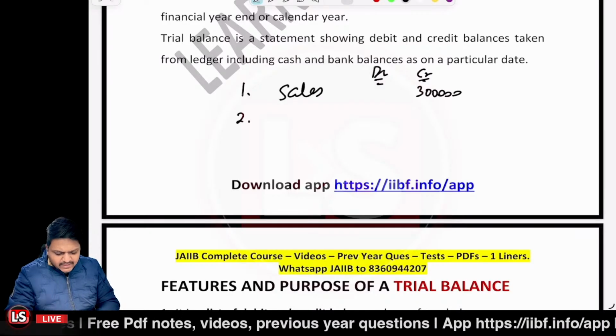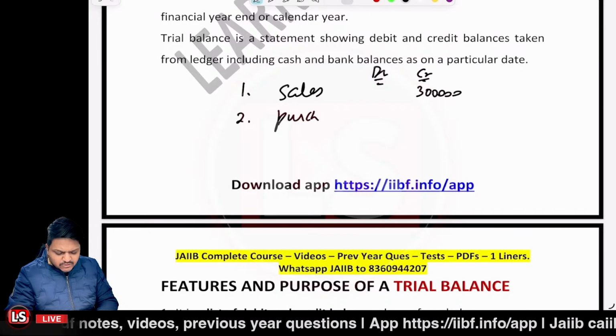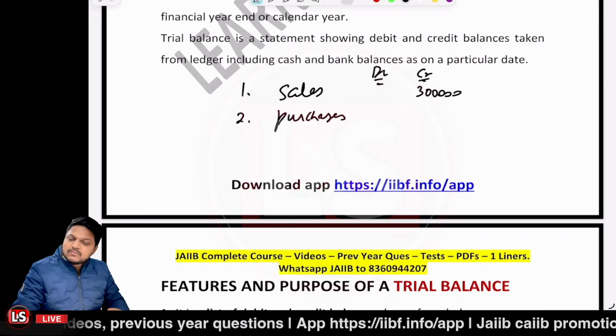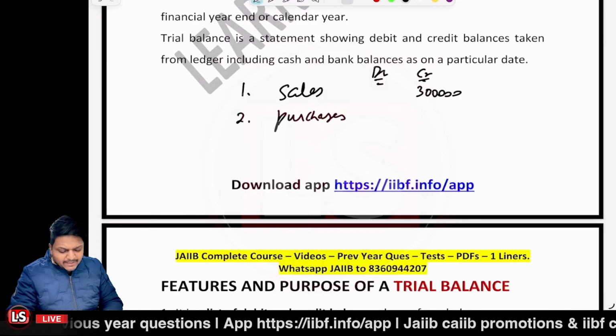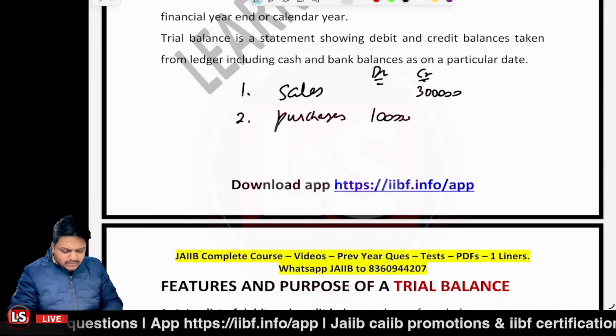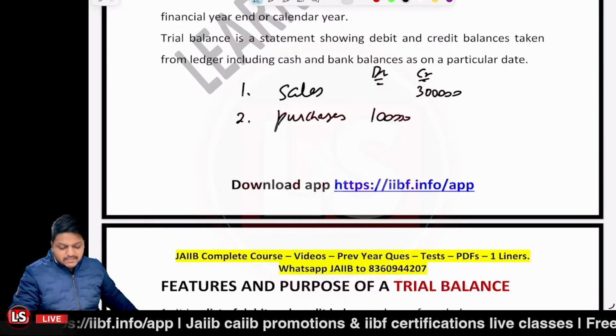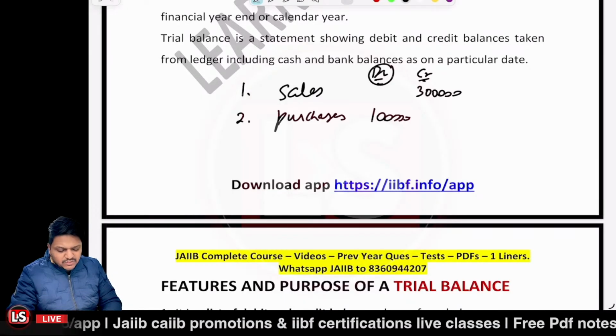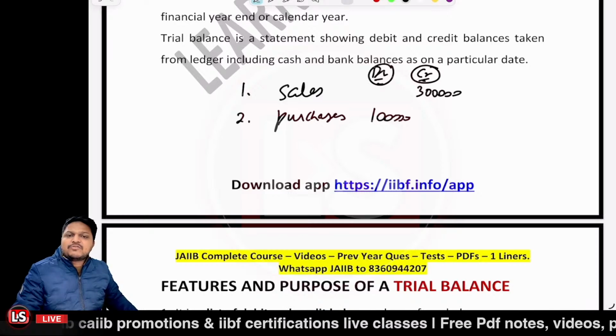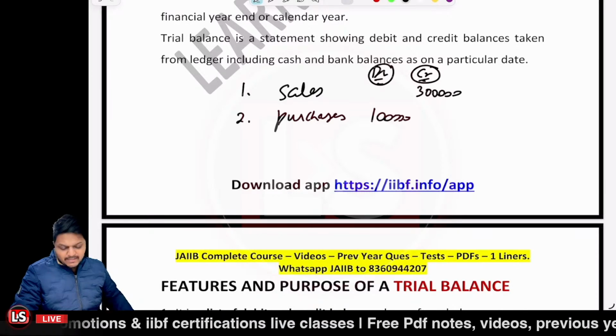Second is the purchases account, which shows a debit balance of 1 lakh rupees, so we'll mention the balance on the debit side over here, right? That's it. And the total of the debit side should match the total of the credit side. That is trial balancing, right?